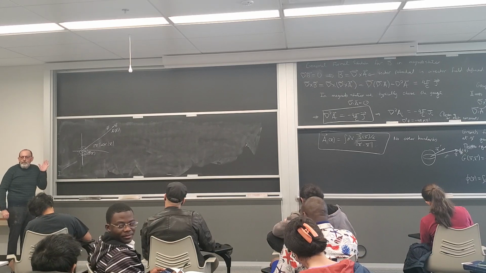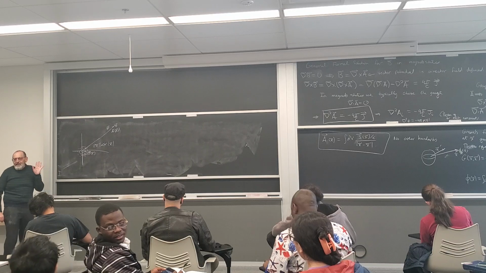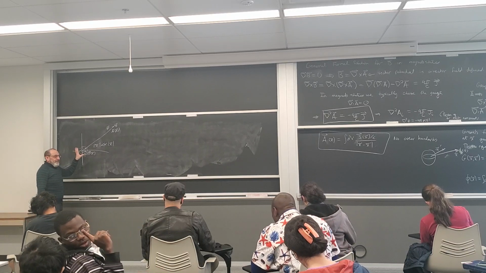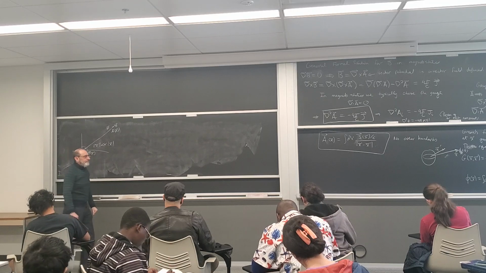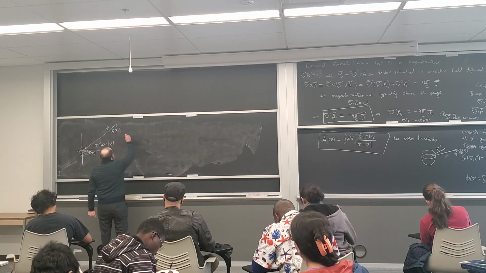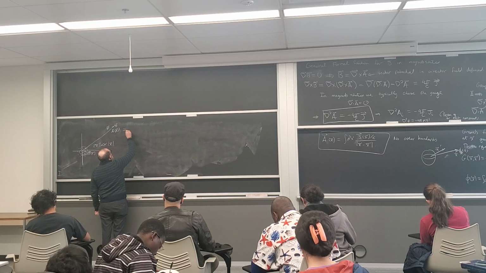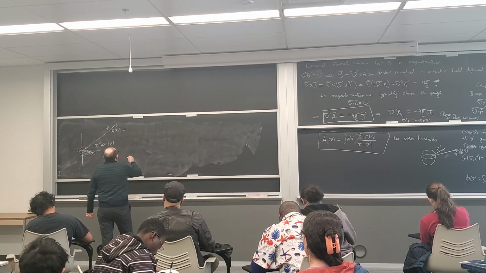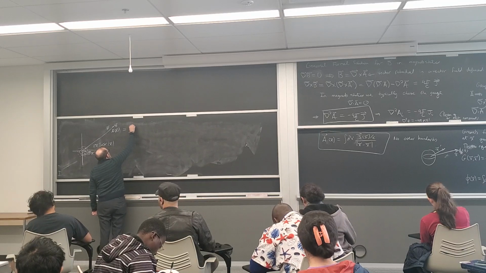It's the same problem we solved in electrostatics, but now instead of having a charge density, I have a current density. And we know the general form of this; it is written right there. This is the exact expression.